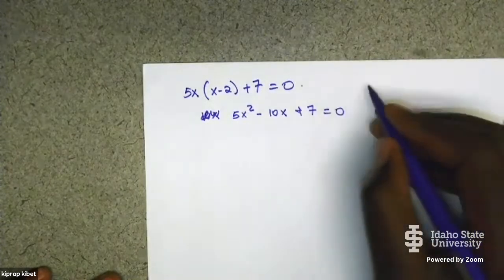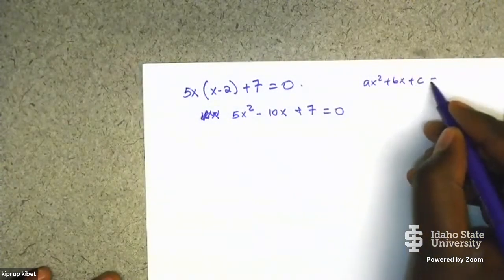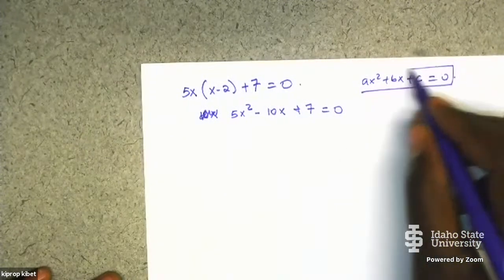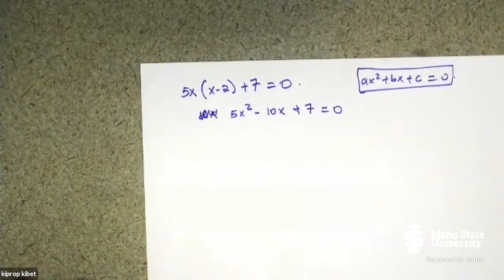So you write it in the form ax squared plus bx plus c equals 0. Now, we've written it in that form. So what is our A?